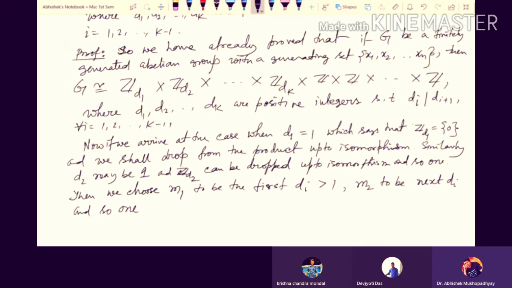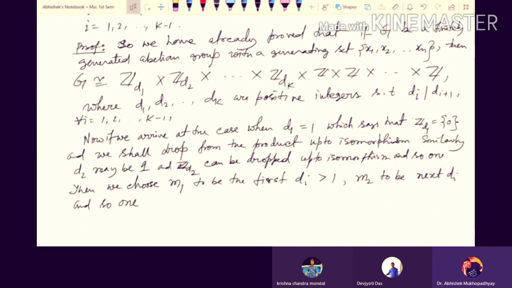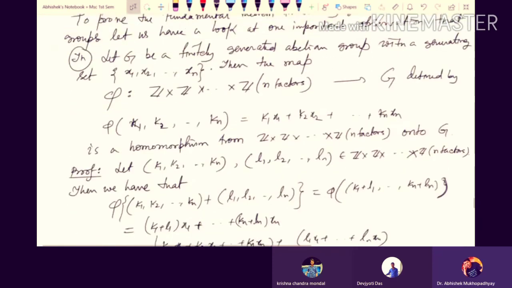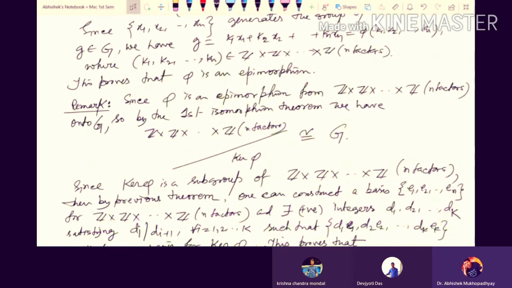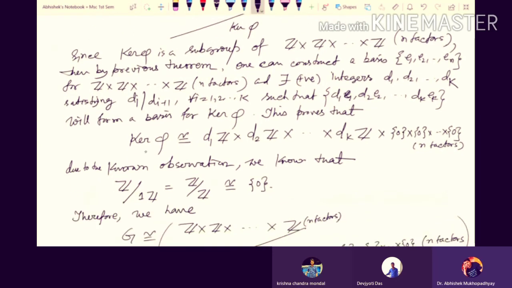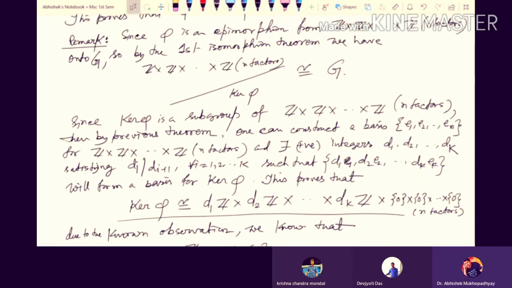Now you will find at least one di, because of what we have proved: the kernel of phi is a subgroup of this free abelian group, and G is finitely generated.